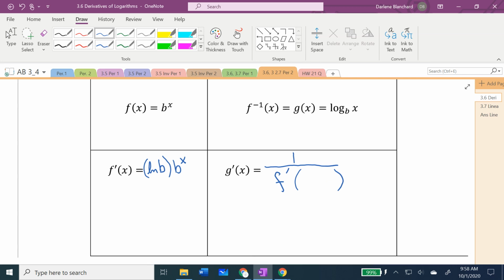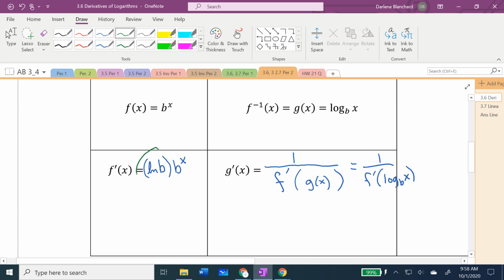What do I have to plug in to f prime? Correct, the y value. And the y value of your g of x function, your inverse function. So in this case, that means log base b of x is what we're going to be plugging in.